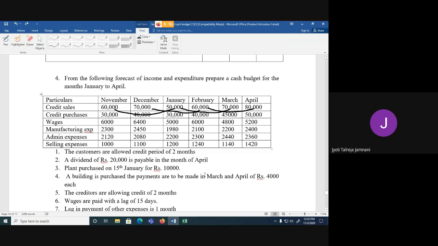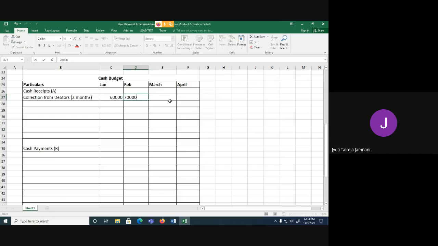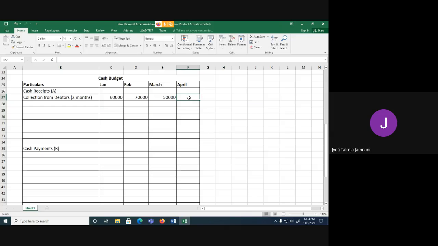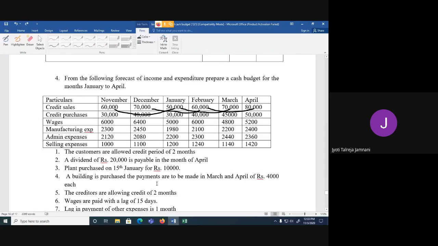January 50,000 you're going to receive it in March. And February 60,000 you're going to receive it in April. So this is how you receive money from credit sales. So first point is done.